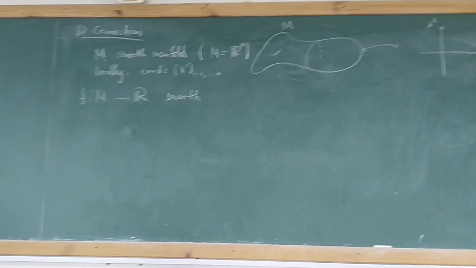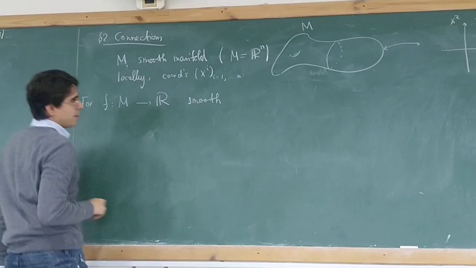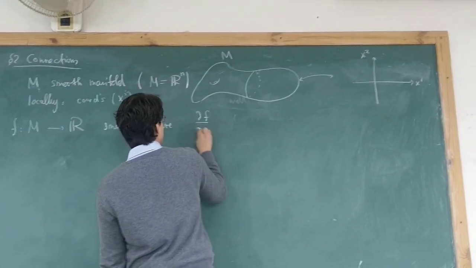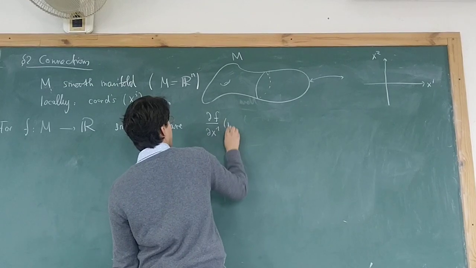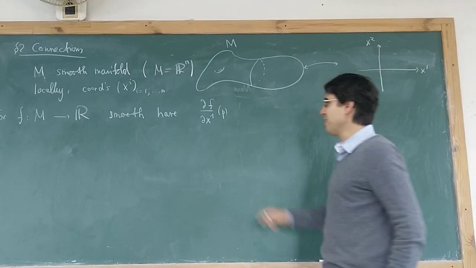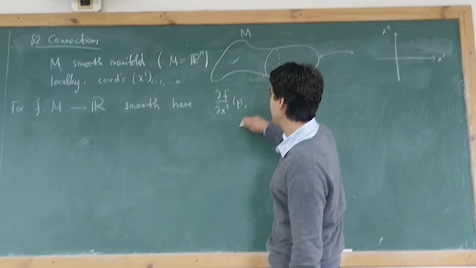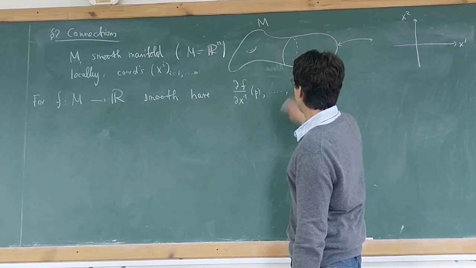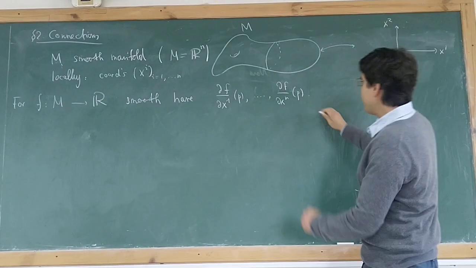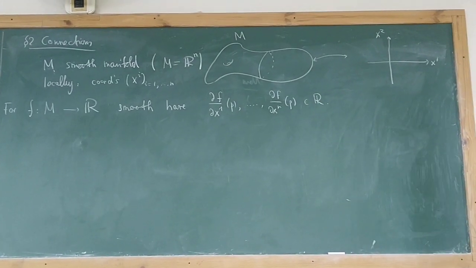We have a notion of taking the derivative of the function. So, for an ordinary function, you have df over dx1. I always write the 1 in the upper, let's say putting a 1 down here, just to make it agree with the Einstein summation convention, which is used a lot in differential geometry. So you can take all these derivatives, and these are going to be real numbers. Okay?